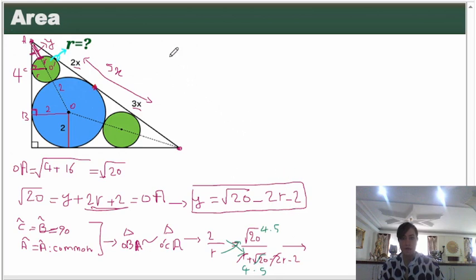So I have, if I use cross multiplication, 2 times 4.5 minus 2 minus R equals 4.5 times R.